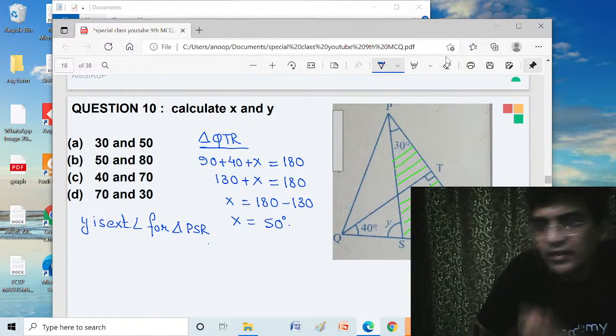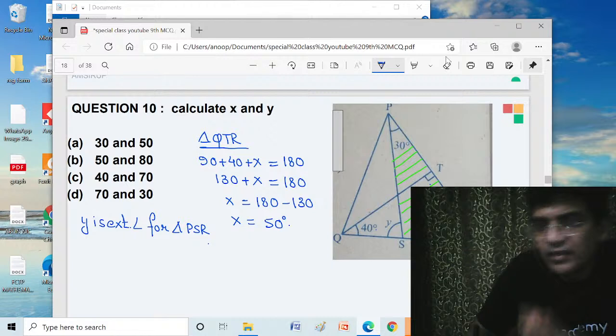Okay, now moving on to the other one. In the given figure, ABCD is a parallelogram. AB is equal to 16. So now if I mark this side as 16, we know that in a parallelogram opposite sides are equal.